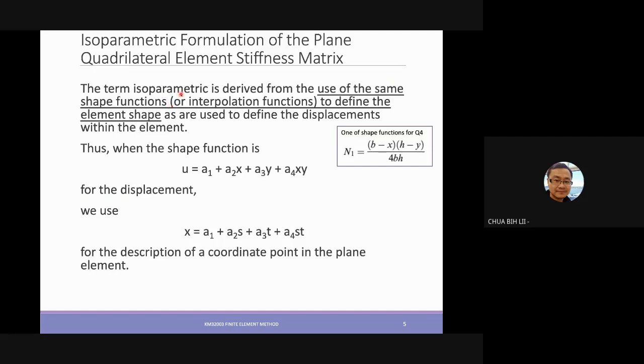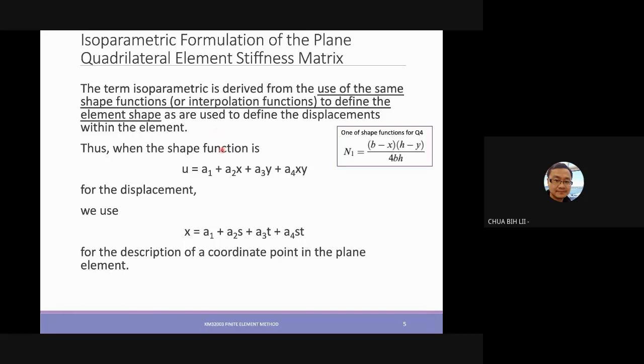This is why the shape functions are important. They form the fundamentals of this so-called isoparametric formulation. This same shape function will later on define the element shapes, as they may have the same displacement functions.